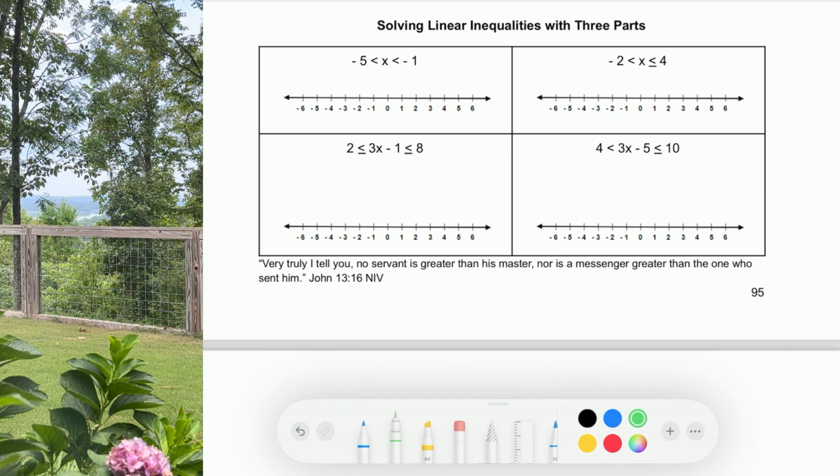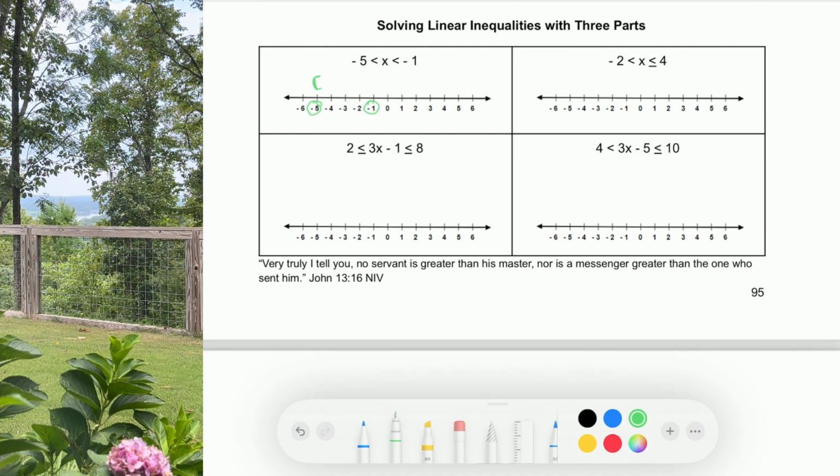So on this first one, we have -5 is less than x, which is less than -1. We don't have to solve this one. X is already by itself. So we're just going to map this one. -5, I'm going to circle it. And -1, I'm going to circle it. Now, the inequality that is attached to the -5 is a less than. It's not less than or equal to. So the -5 is not included. So I'm going to have a parentheses.